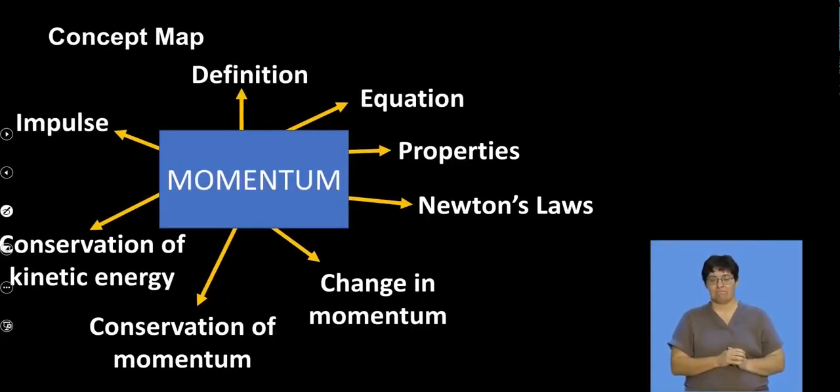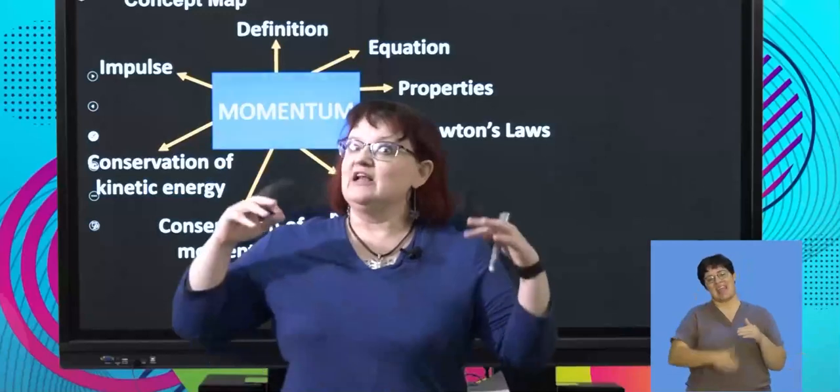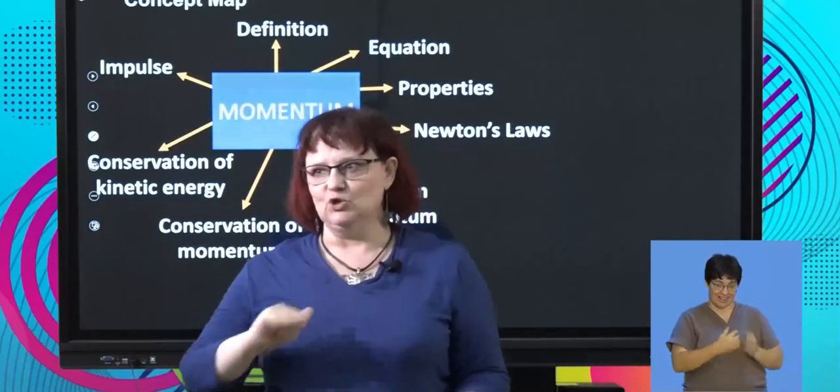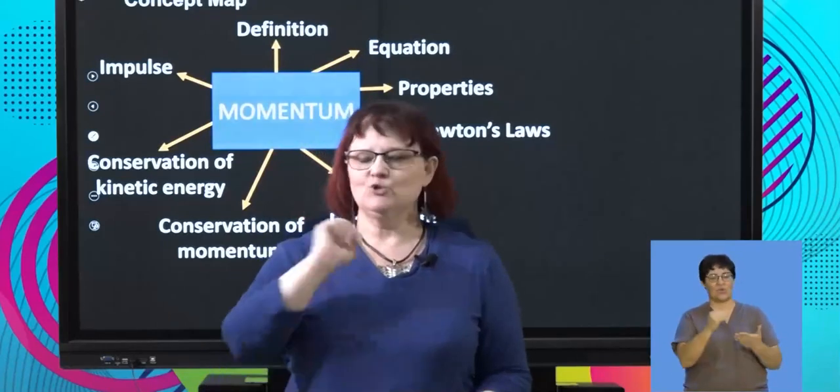That brings us to the end of today. We did a lot. You need to think through it. And next time, we're going to do conservation of kinetic energy. So I'll see you then.